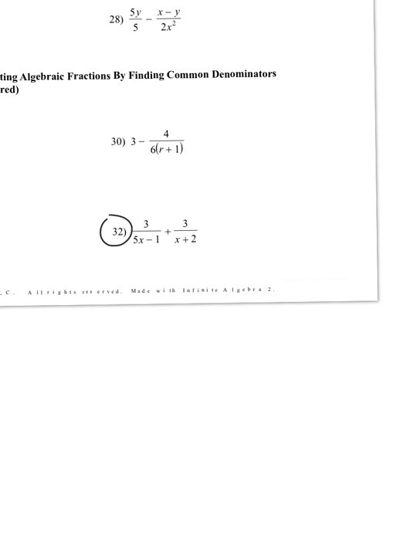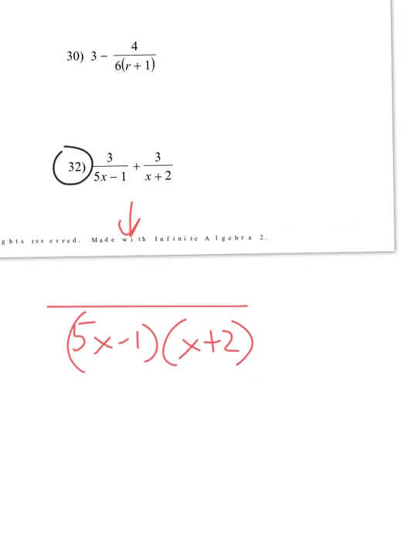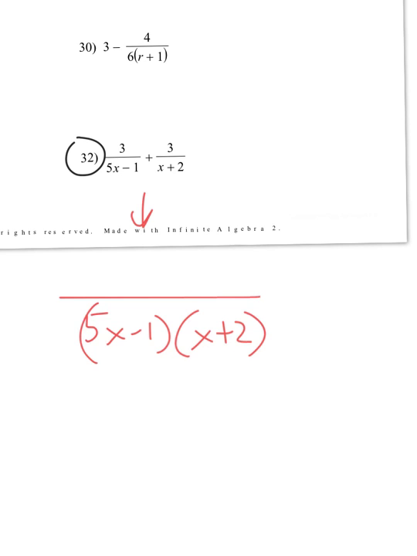And basically your common denominator on problems like this is going to be these two multiplied together. So I'm going to have 5x minus 1, that binomial, multiplied by x plus 2. And let's make this a little bit bigger. So if you notice, I've got my 5x minus 1.